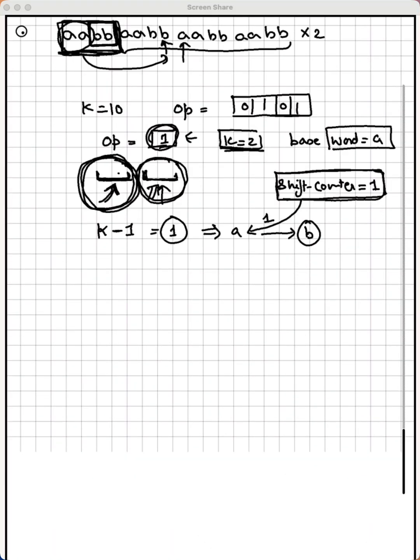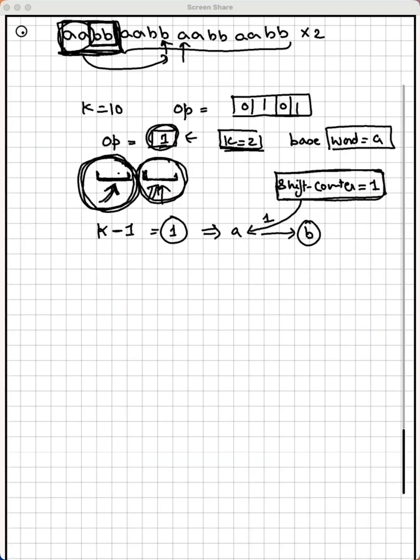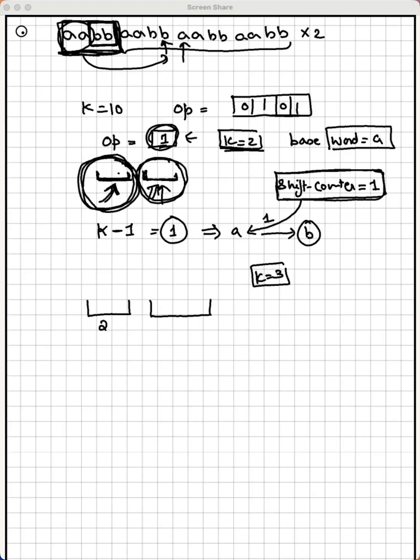Okay, let's look at a little more now. Let's say I'm looking at k equal to 3. And so I start, this is 2 characters, this is 2 characters. My 3 is here. Now let's say my operation was something like this.